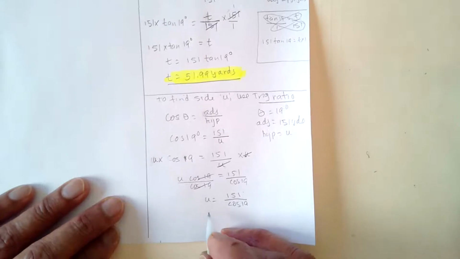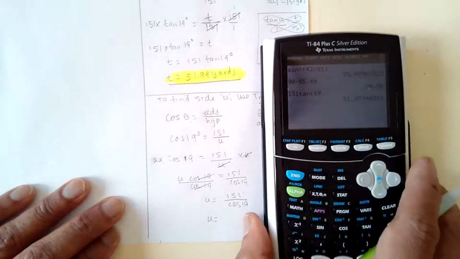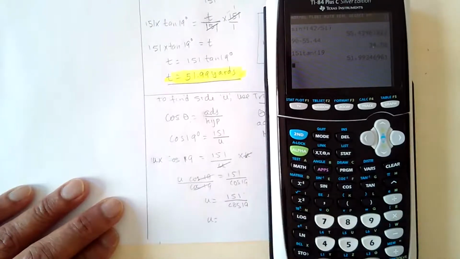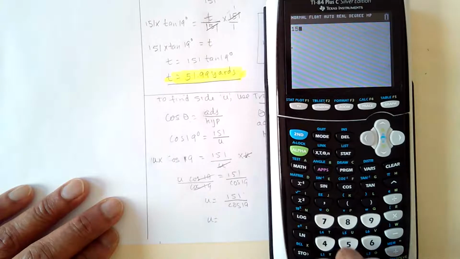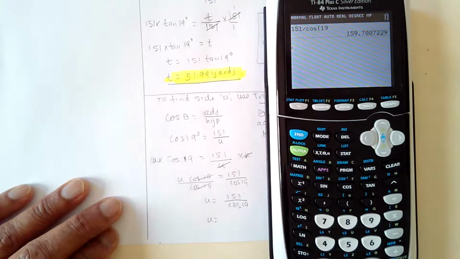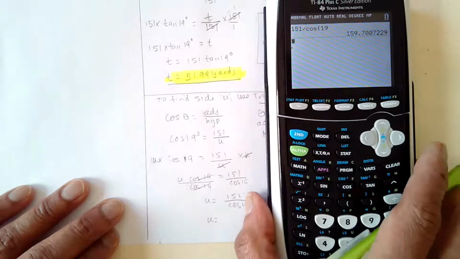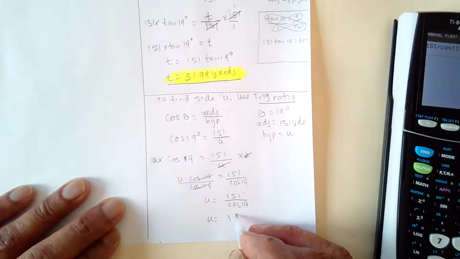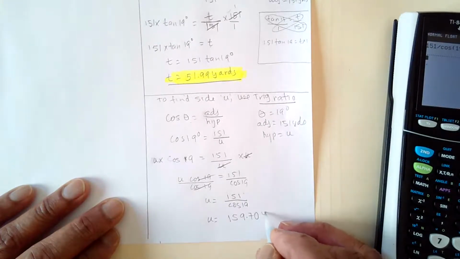So side u, and I go to my calculator here. And I go 151 divided by cos 19 gives me a measurement of 159.70 yards.